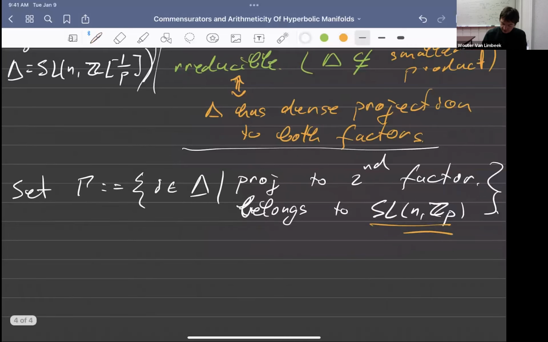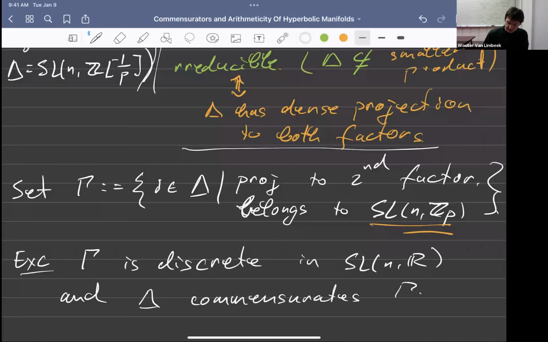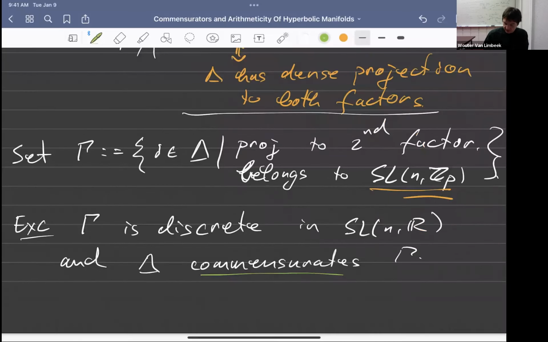And then you can check, exercise again, if you are bored with the lecture, you can check that gamma is discrete in SLN(R) and delta commensurates gamma. And this second property is essentially because SLN(Qp) commensurates SLN(Zp).